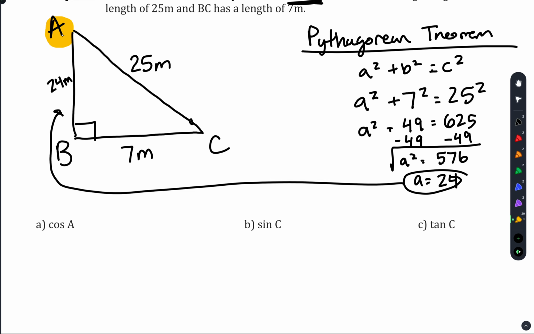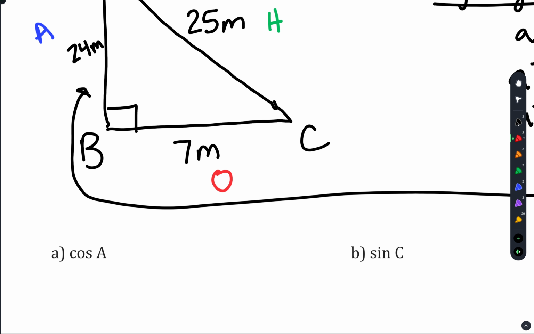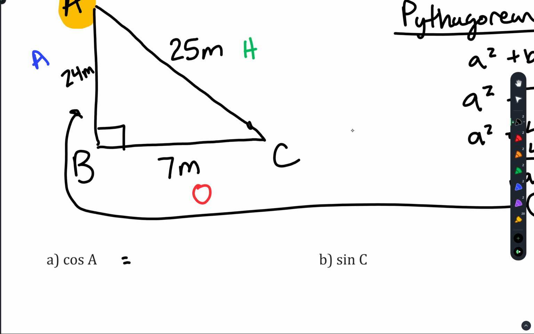But I'm now going to label my triangle with opposite, hypotenuse, adjacent. Let's do that really quickly. Hypotenuse across from the right angle. The adjacent is the one that's right next to A. And then the opposite is the one all the way across the triangle from A. We got it? Okay. Set it up for me then. Cosine A is what over what?